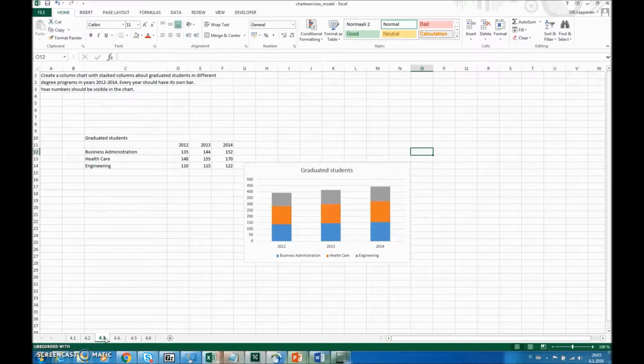In the third one, you should show the graduated students in 3 different years with 1 bar, and then you should have the stacked column chart also to show the different degree programs of the graduated students, like this.